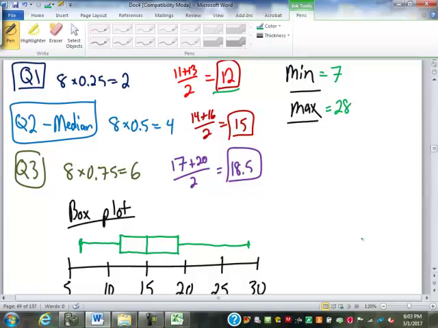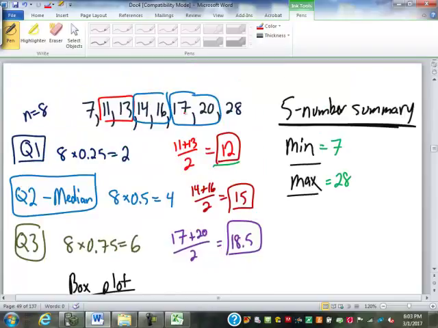So what you can see here is that the plot has 4 distinct sections. This is the first fourth of the data. This is the second quarter of the data, the third, and the fourth quarter of the data. The bigger that section is, the more spread out the numbers are there. So by looking at this plot, I can see the numbers are most spread out up here in this fourth quarter.